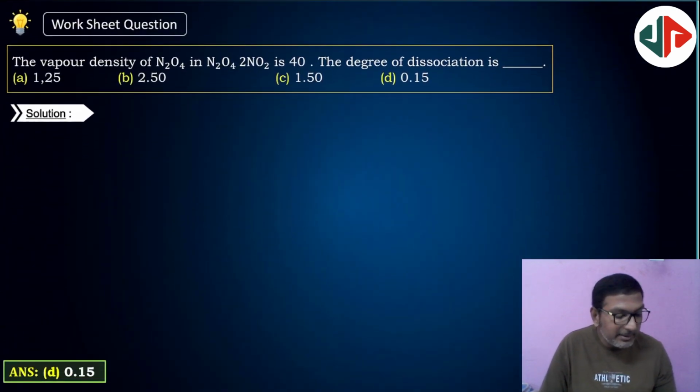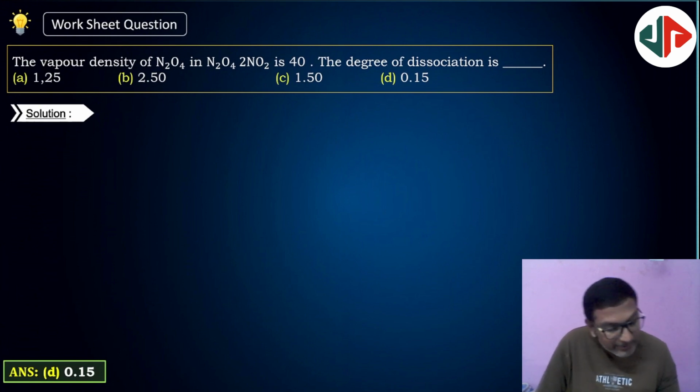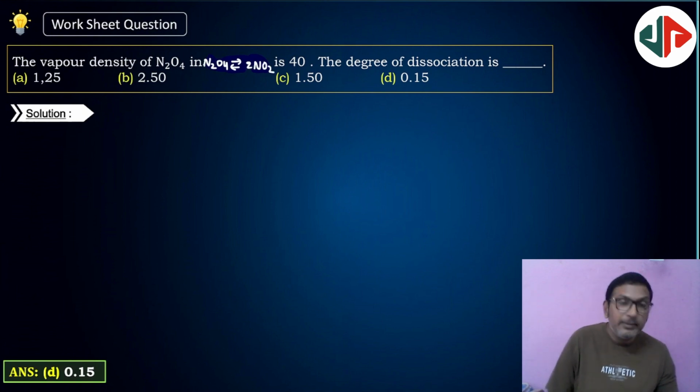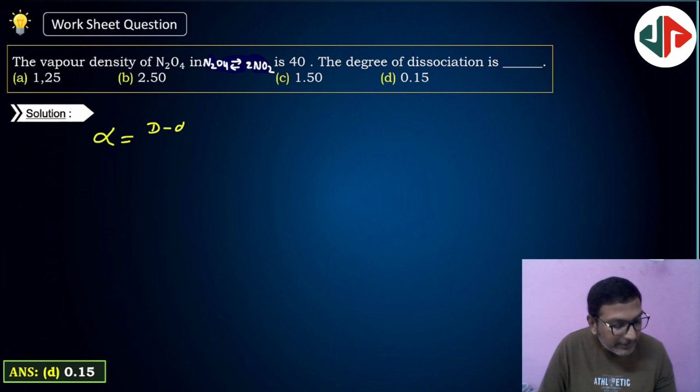The vapor density of N2O4. Here a reversible reaction must be there: N2O4 reversible with 2NO2. This is very important. We must calculate the degree of dissociation. Alpha equals capital D minus small d by (n minus 1) into small d.